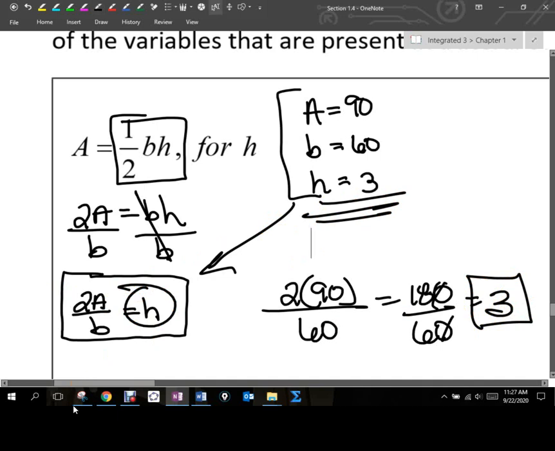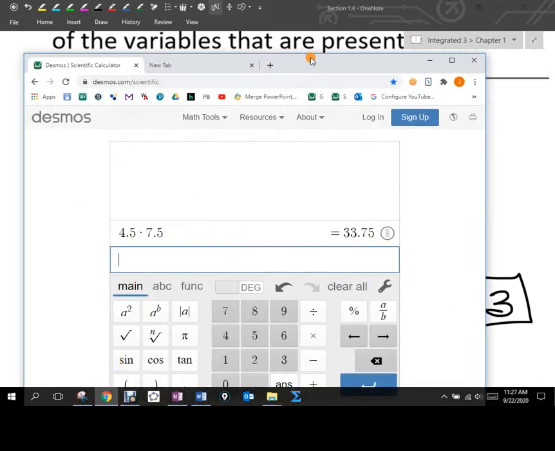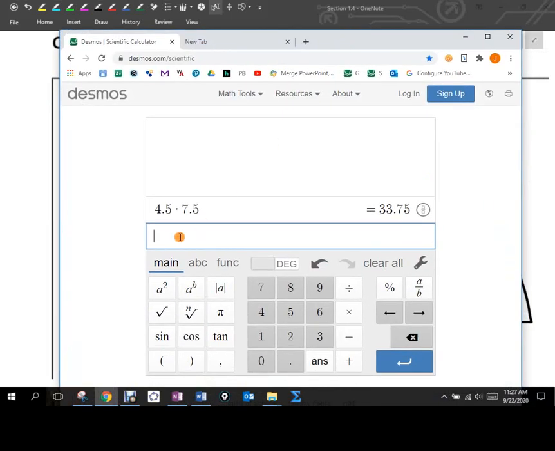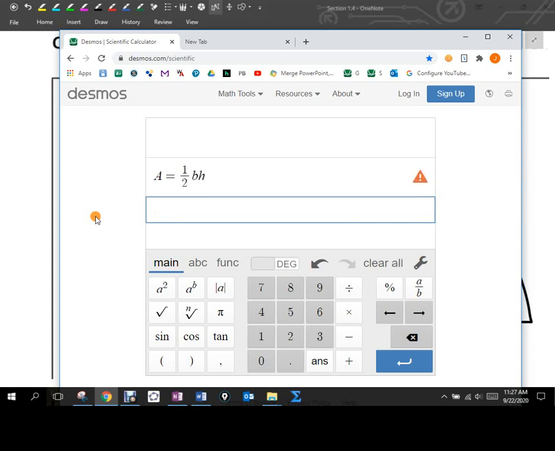Now, I do that by hand, but you can do it here as well. Okay, so I'm going to write my A equals 1/2 BH. So A, I'm actually looking for. But B, what did we say?